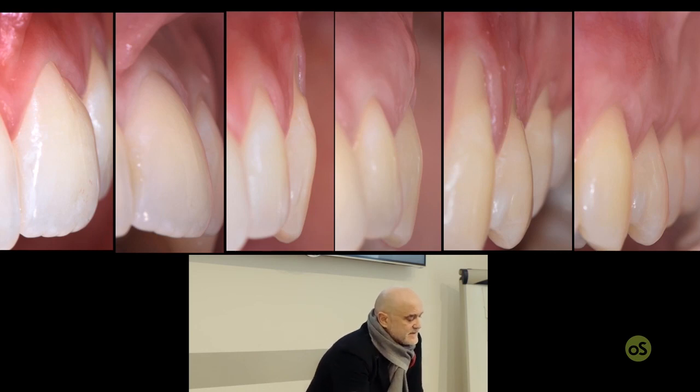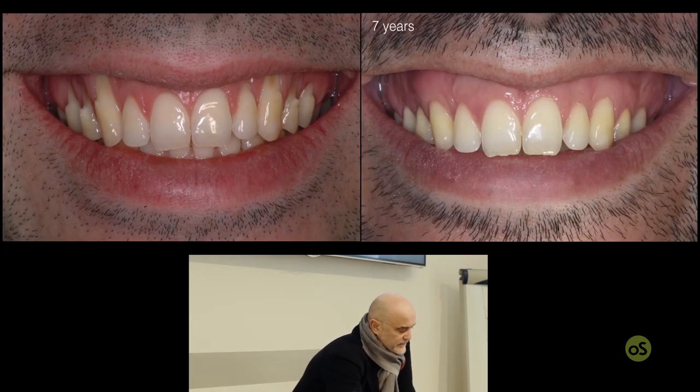This is the central that was increased, altered passive eruption with defect of the enamel, while the other teeth were treated with a combination of composite restoration and mucogingival surgery.